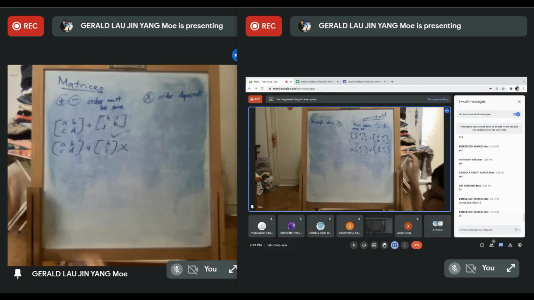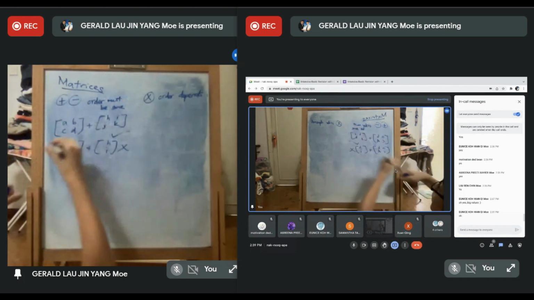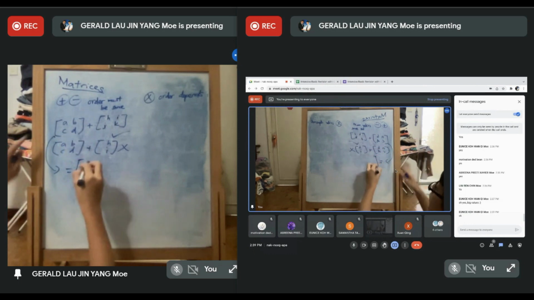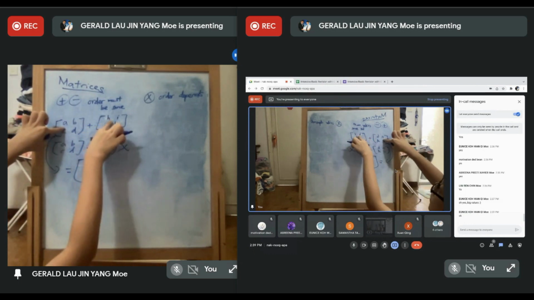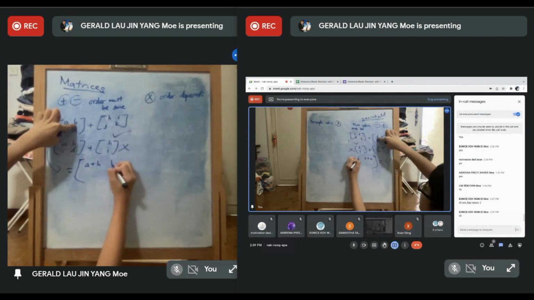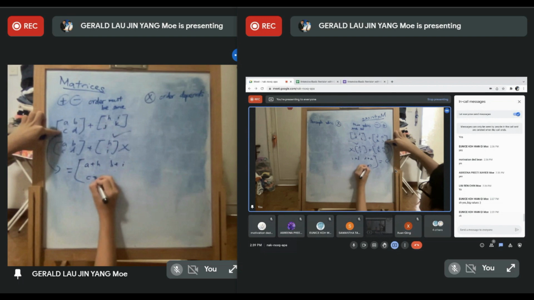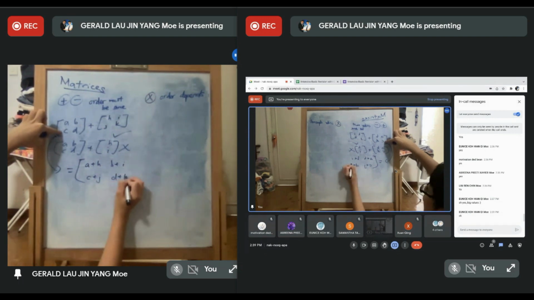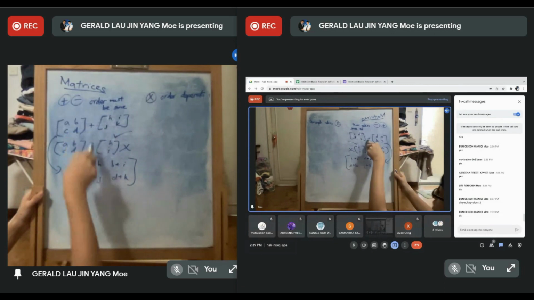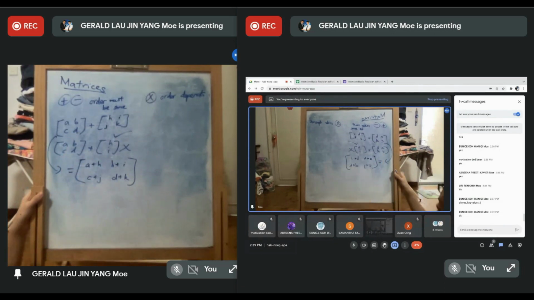Okay, so, let's focus on this one. So, plus, minus, very simple only. A, the same position is H. So, A plus H, B plus I, C plus J, D plus K. Understand? Easy only. Plus, minus is the same thing. If it's minus, just change this plus sign to minus.